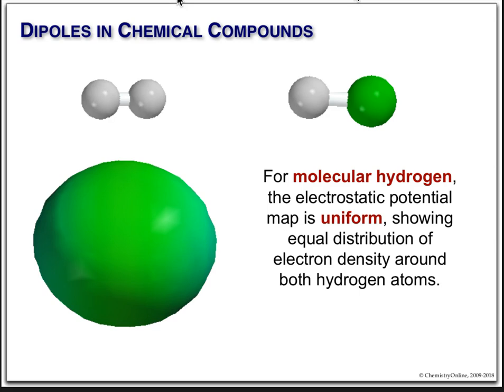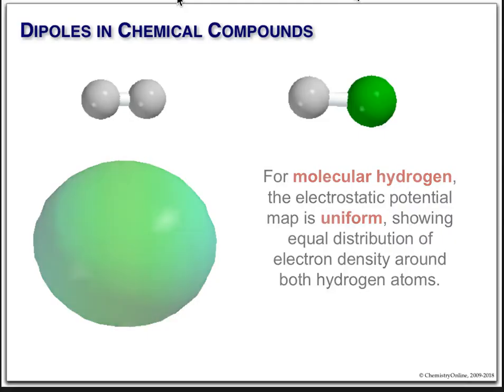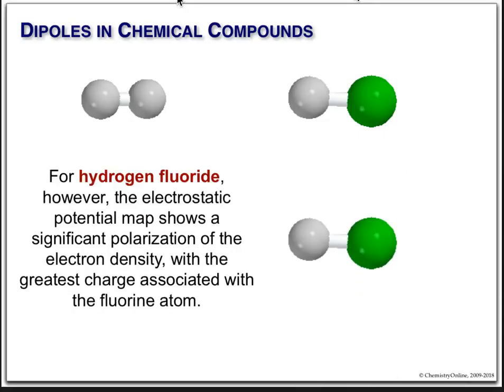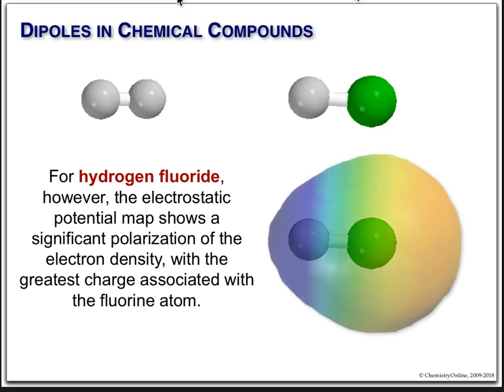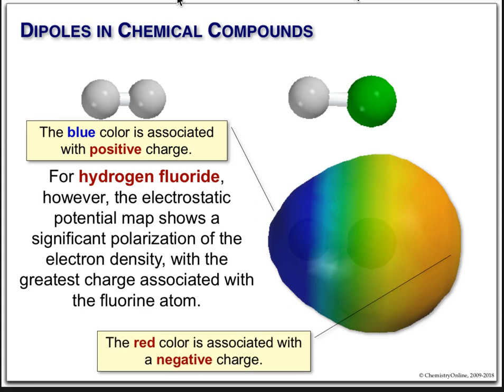Okay? Let's do the same exercise here for hydrogen fluoride. We're going to first calculate where they are, and then calculate the electron distribution. When we do this, we get something that's totally different. Blue represents the absence of electrons, or a positive charge.